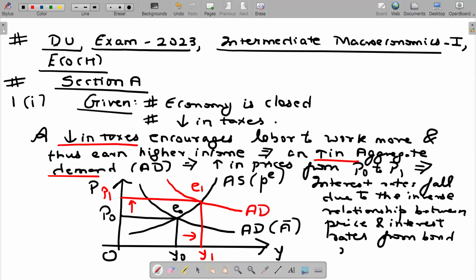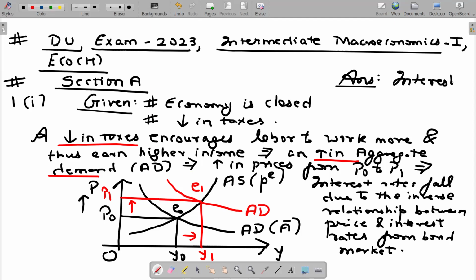We have covered all this in our Intermediate Macroeconomics Part 1 theoretical lectures. If you look at the lectures on Keynesian economy, you will see that price and interest rates in the bond market are inversely related. So when price is going up, my answer is that interest rates will decrease.